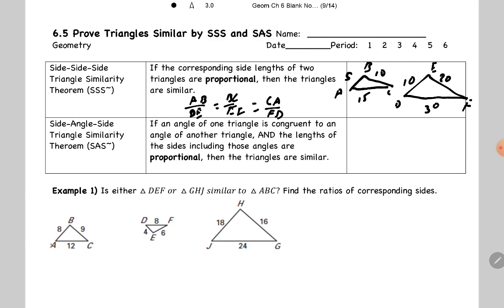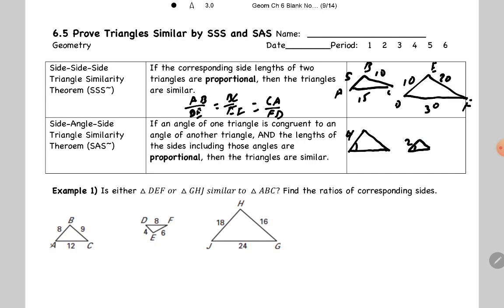And we can also do SAS. If two sides are proportional and the included angle is congruent, then the triangles are similar. So this is what happens if we did something like this. We have this angle be the same as this angle, and this is 4.